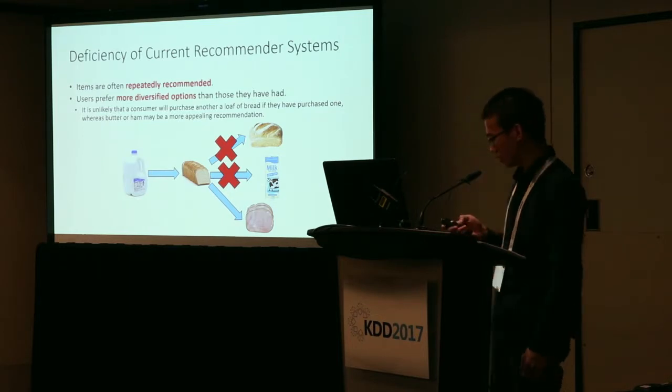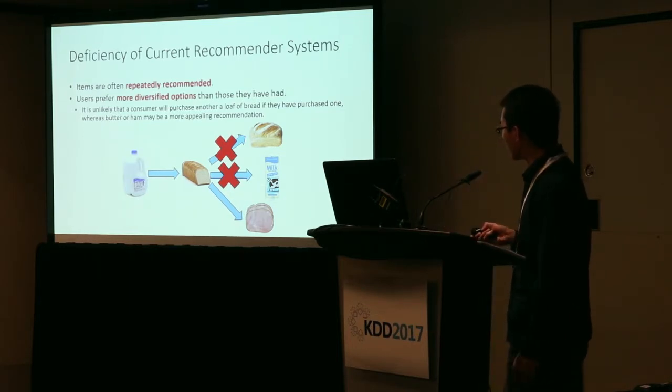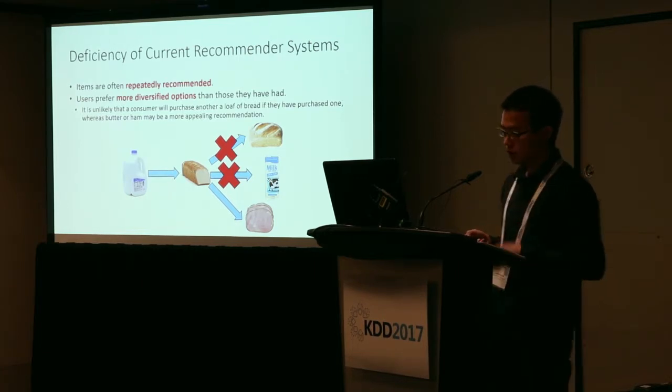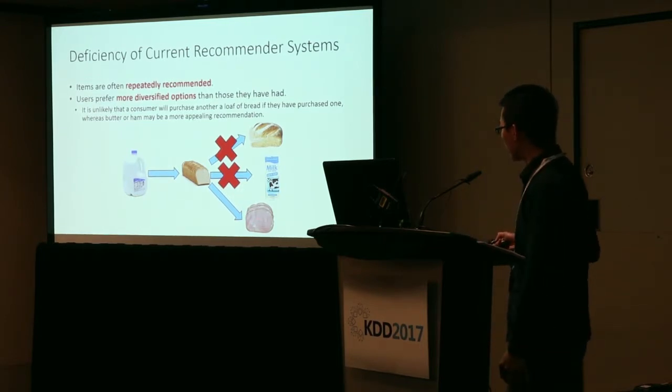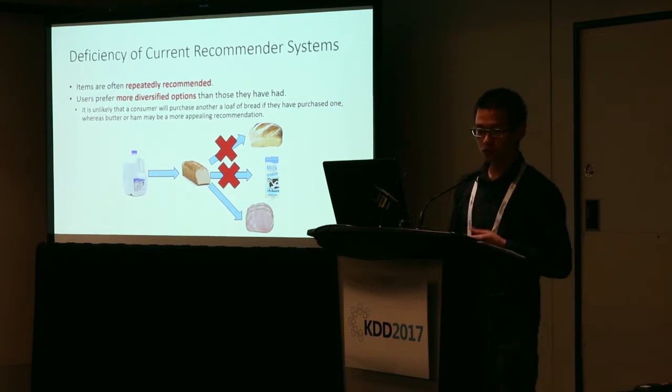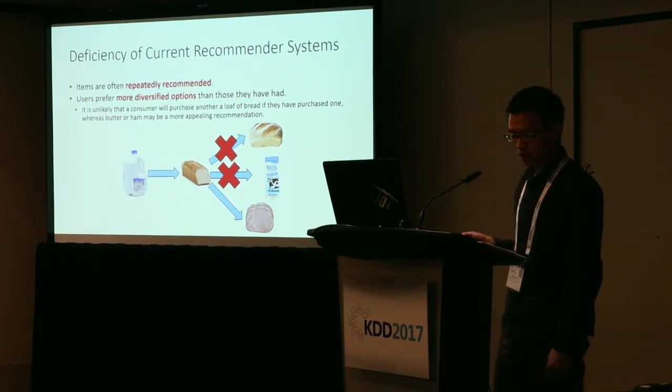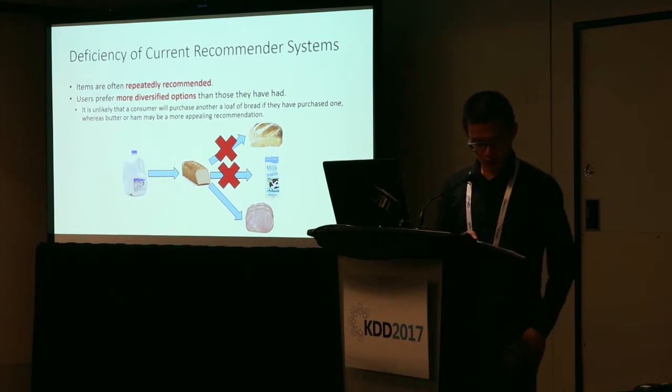For example, someone buys milk or bread online. The system may recommend the bread or milk again, but what the customer wants may be the ham. This is what we're trying to solve.